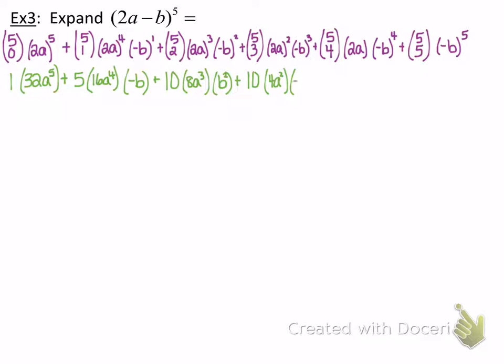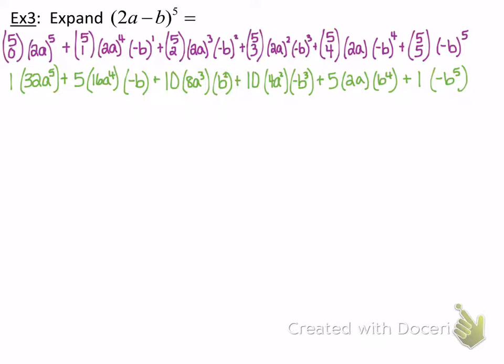Negative b to the third stays negative b to the third, plus 5 times 2a times positive b to the fourth, and then we end with 1 times negative b to the fifth. And this last row we're going to write is our final answer.